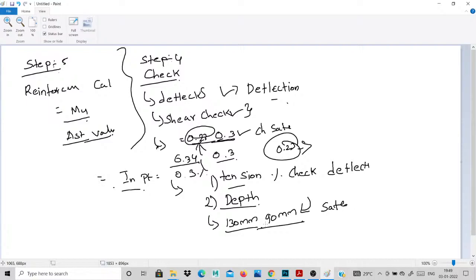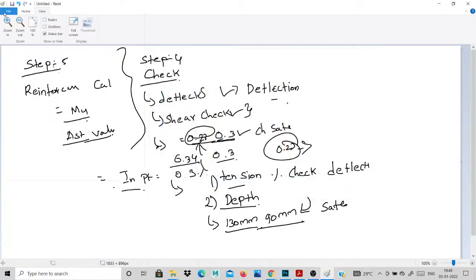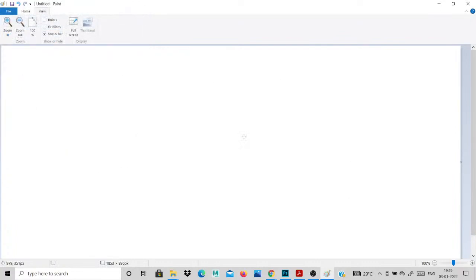The next simple step is how to identify your design methods. There are design methods available to design your slabs. I will tell about the four methods used to design your slabs.